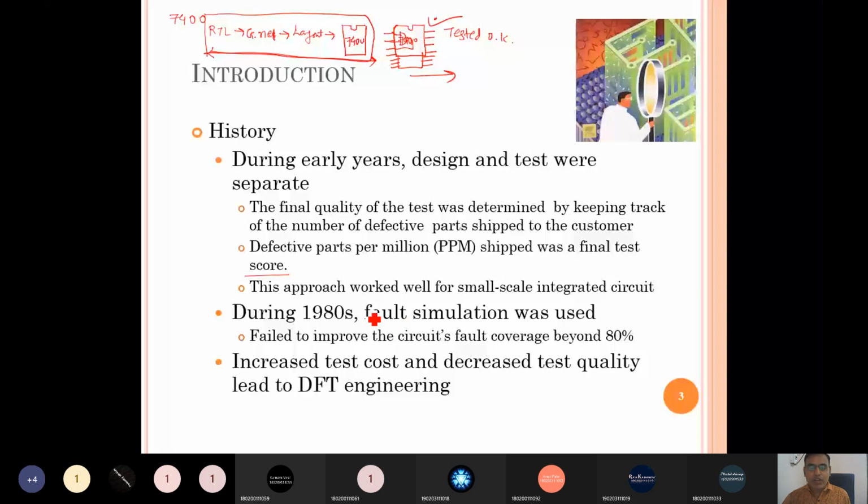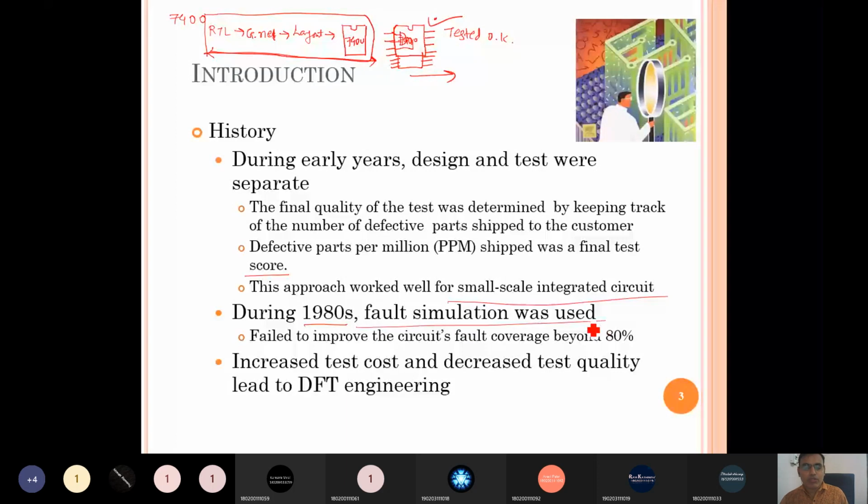So this approach worked well for small scale integrated circuits. So the 7400 and all such ICs are SSI and MSI ICs, small scale integrated ICs. Around 1980, fault simulation was introduced.